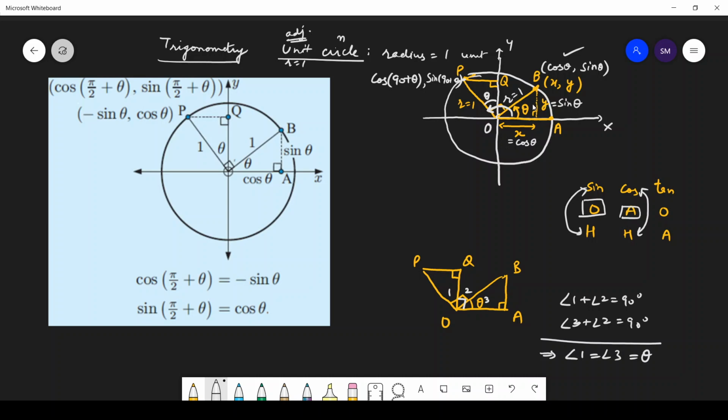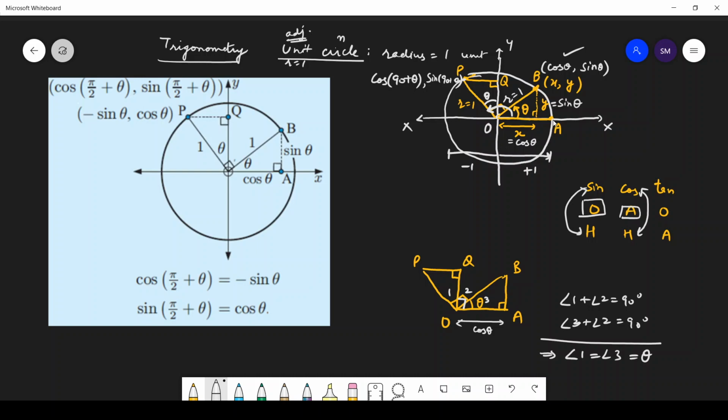Now this length is cos theta, and this side is the negative x-axis. So if this length is taken as plus 1 on this side, it will be minus 1 on this side.